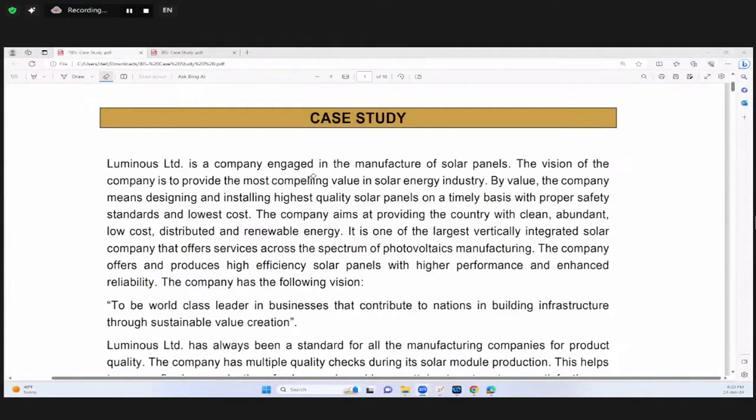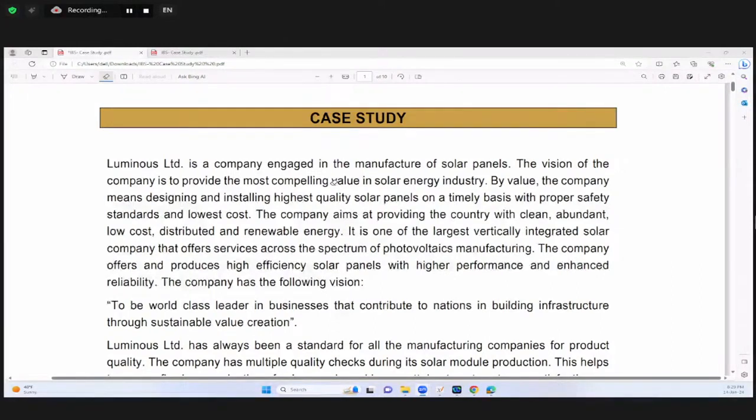Yes, coming to the case study, students. This case study is about a company which is doing the manufacturing of solar panels. In this particular case study, you will come across the company doing a lot of things in renewable energy and the projects which the government wants them to do.